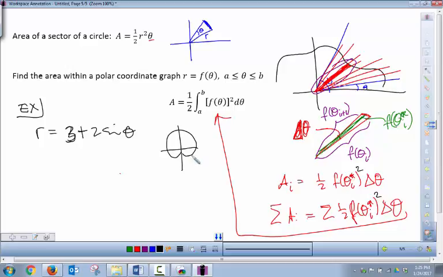Now let's take some easy angles, going from 0 to pi over 2. Let's find out this area here.